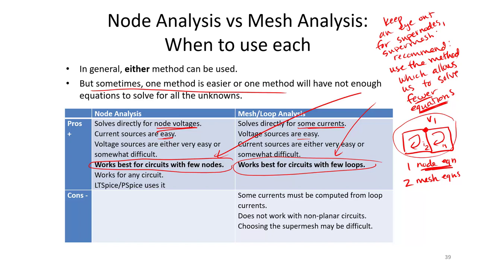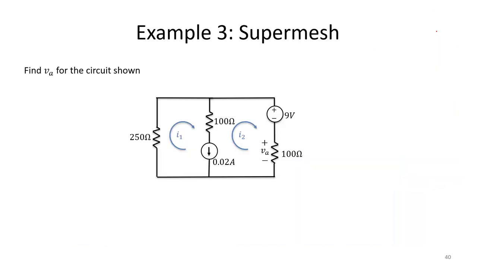Okay, so with our remaining time, let's go ahead and do a couple more examples. Let's try this next one. Here we have a supermesh. And so here we are being asked to solve for the voltage VA. Everybody see the supermesh here?